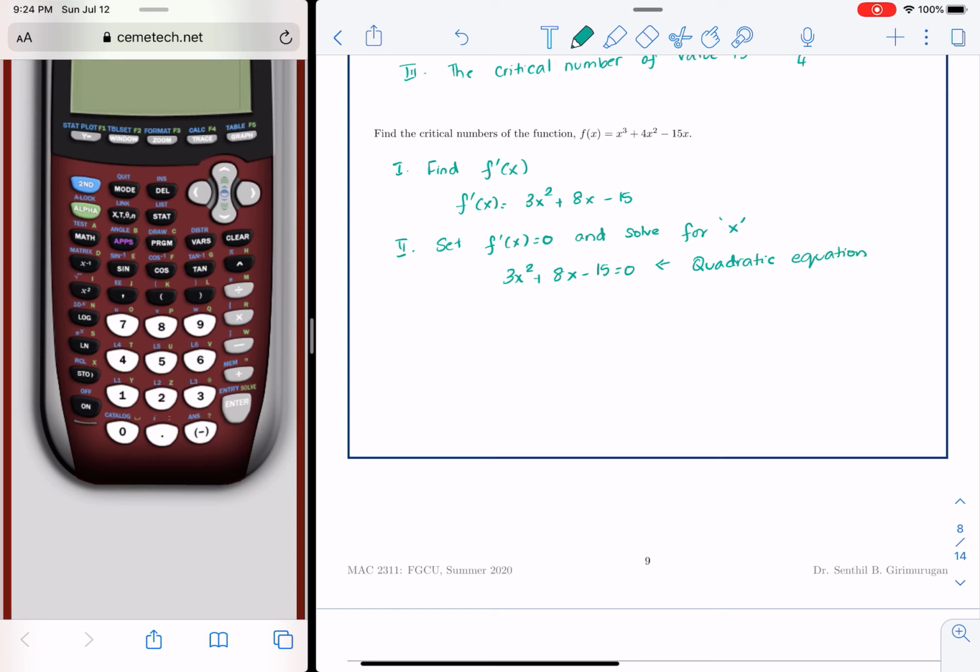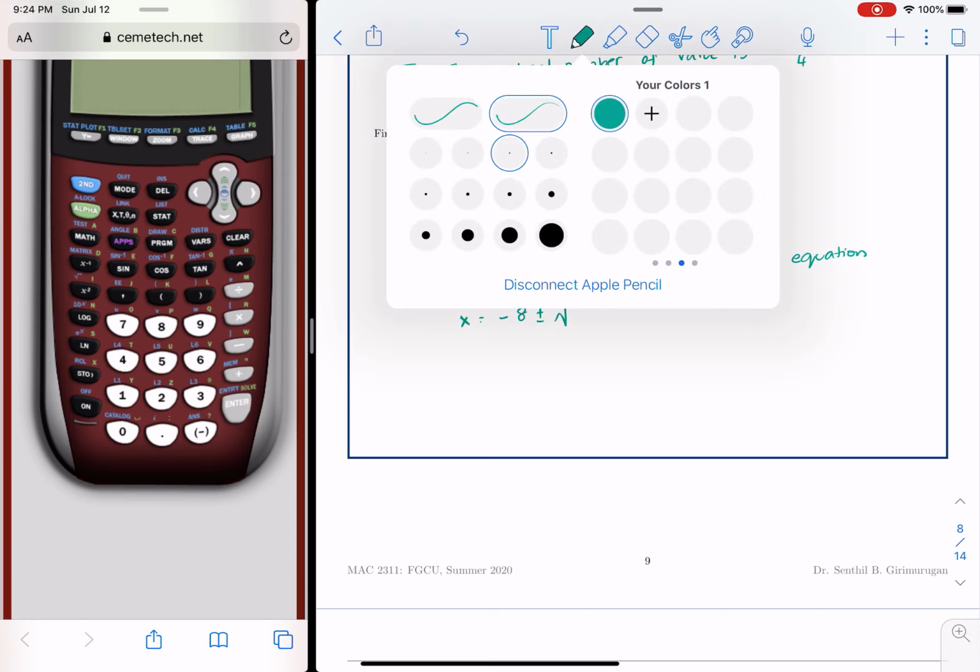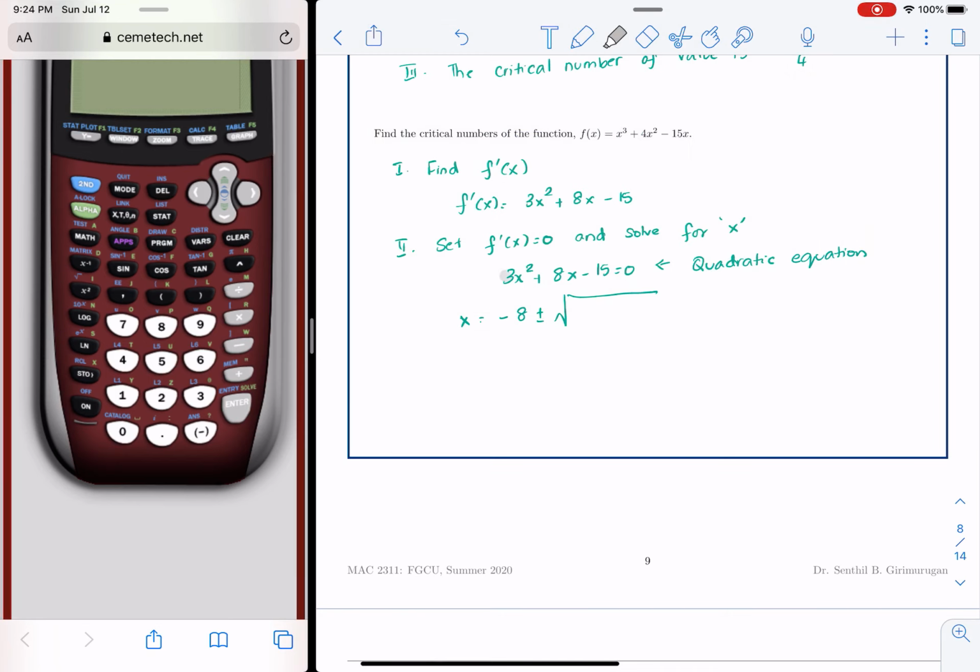And how do we solve a quadratic equation? We make use of the quadratic formula. The formula is minus b plus or minus the square root of b squared minus 4ac, divided by 2a. So a here is 3, b is 8, and c is minus 15.